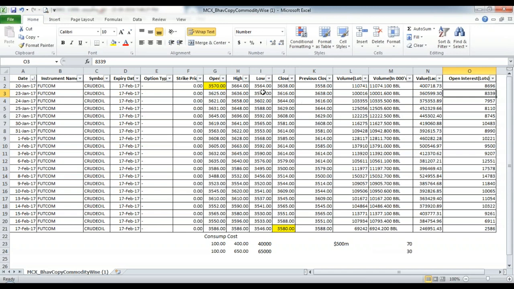Okay. Now, on this day, we saw that price went above and closed above this level. Guys, just give me 1 second.